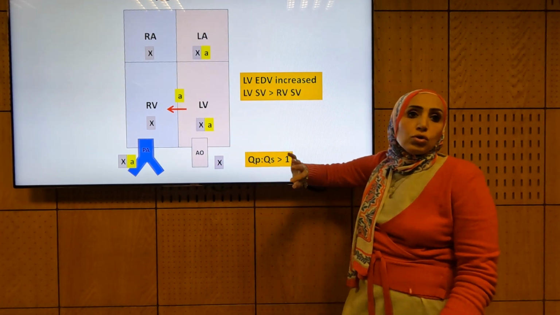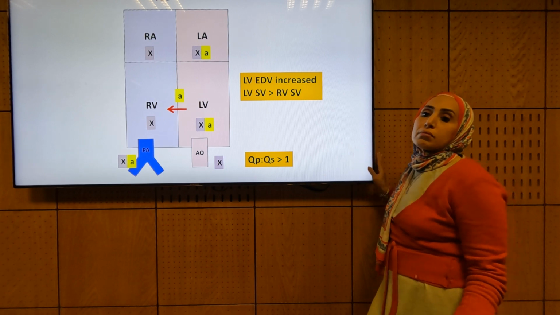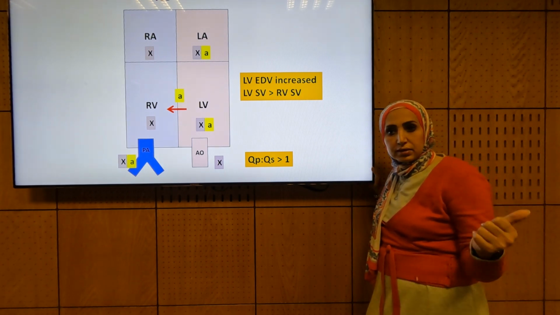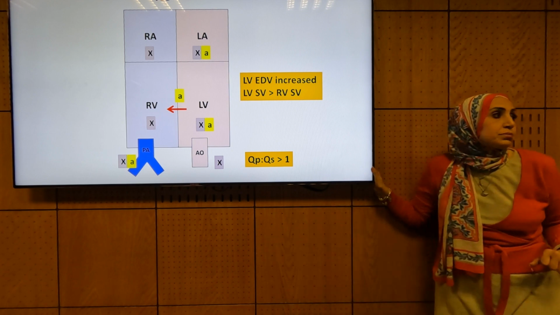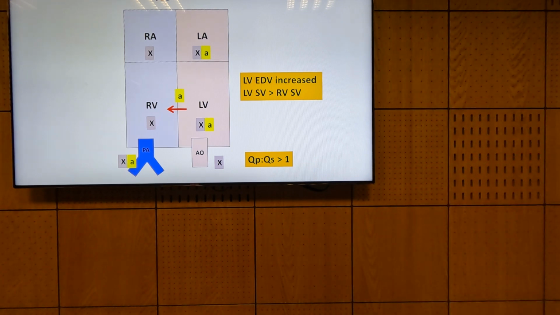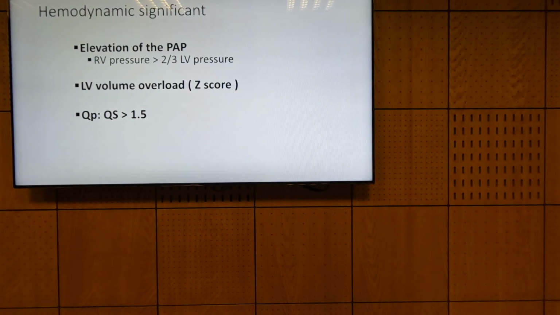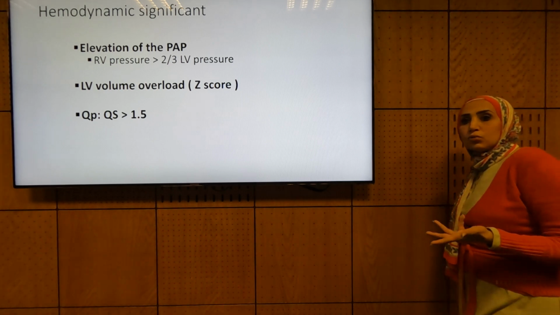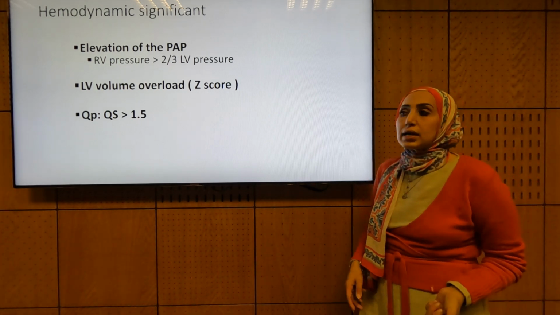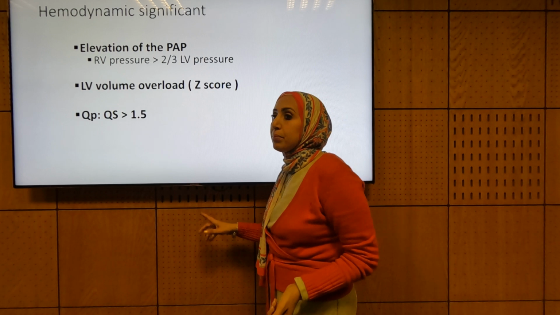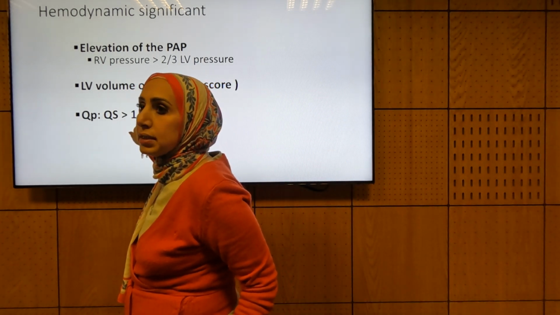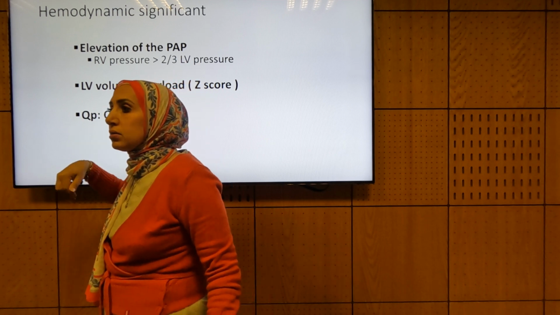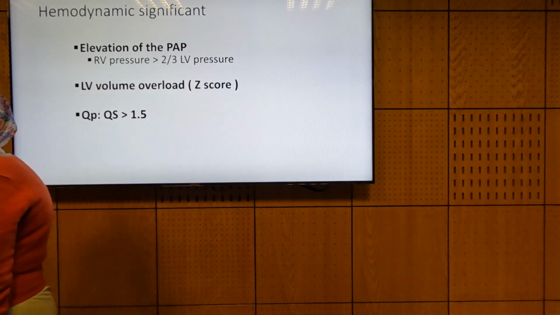Right? So, if we have a hemodynamically significant VSD, it will increase the volume of the LV, increase the stroke volume of the LV, and increase the flow of the pulmonary. But what is the cutoff point? The cutoff point is if the pulmonary flow is 1.5, so it's increased by 1.5 times the systemic circulation.